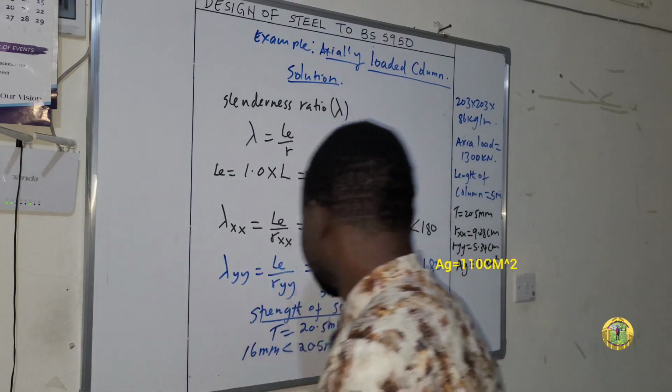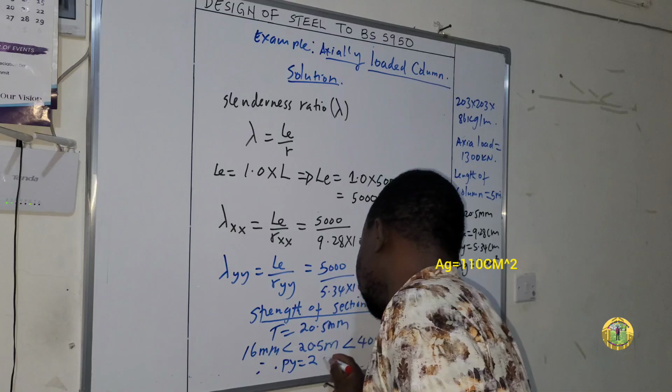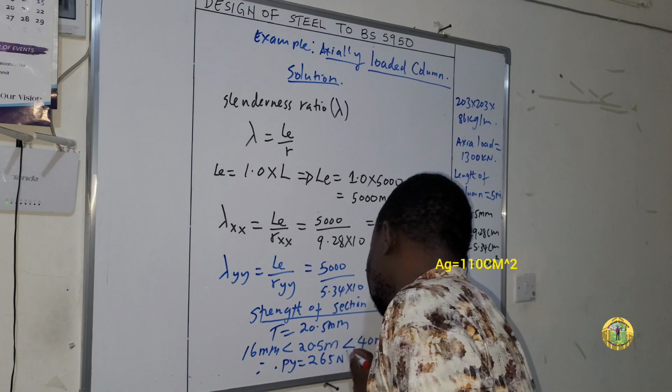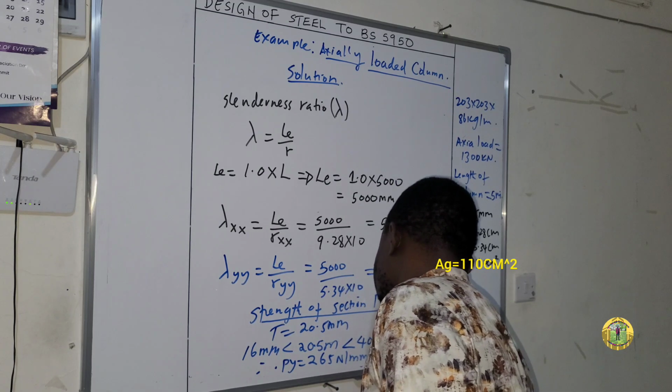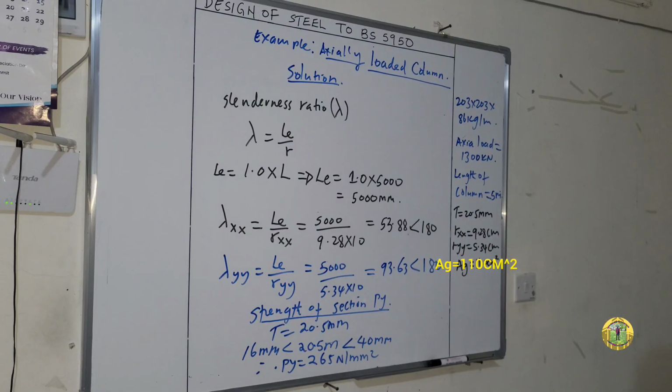Therefore, Py is equal to 265 Newton per millimeter square. So we have classified the strength of this section.